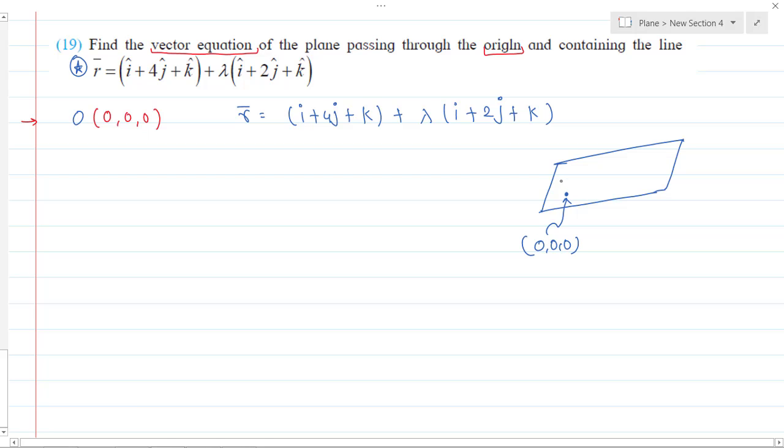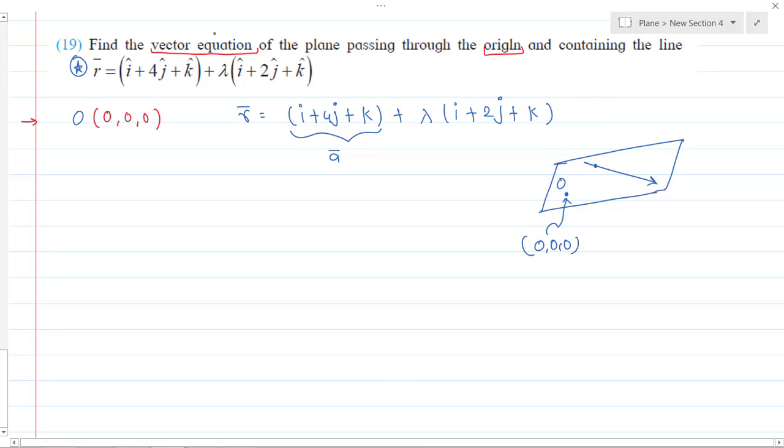The plane is also containing this line. Let me draw that line here. This line is passing through this point A, which is our A bar.